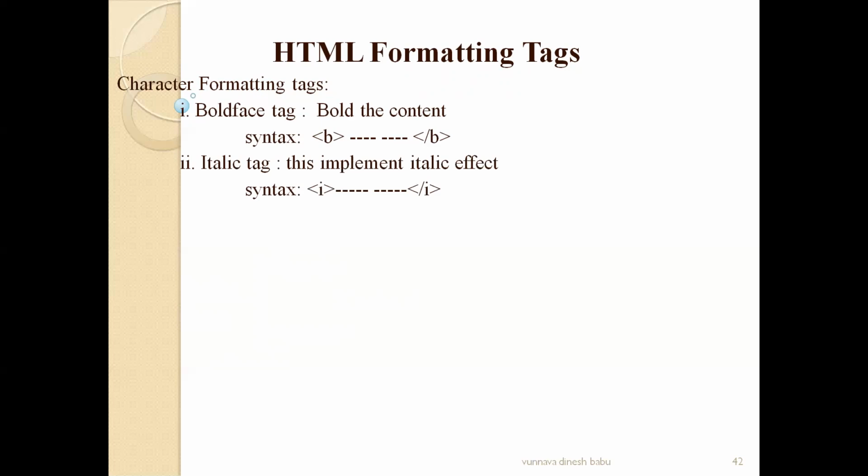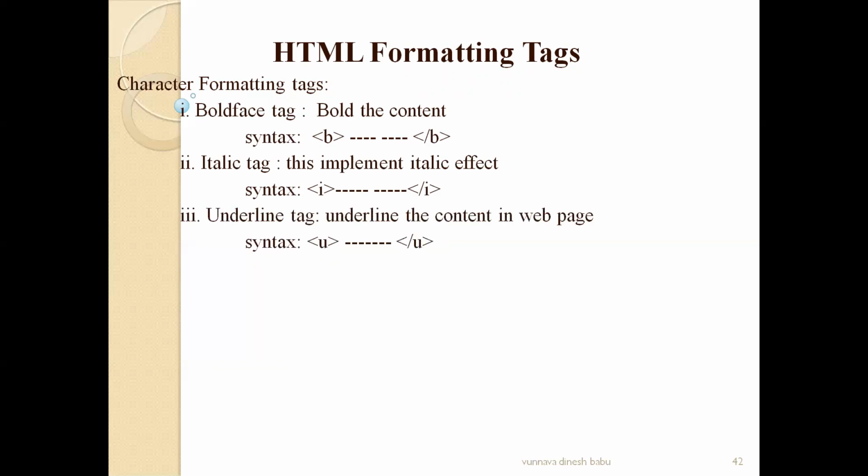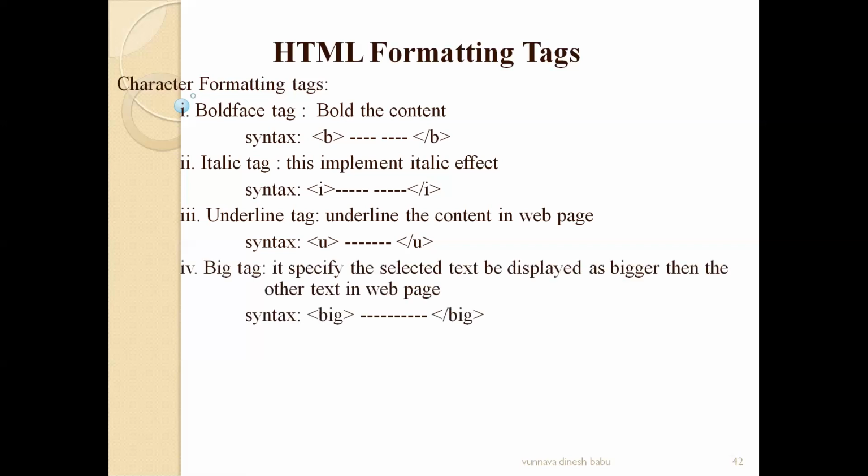And then italic: in order to implement the italic effect, we can use the I tag. Underline: if we want to underline some content on the web page, we can use the U tag. The big tag is used to display some text in a bigger size.